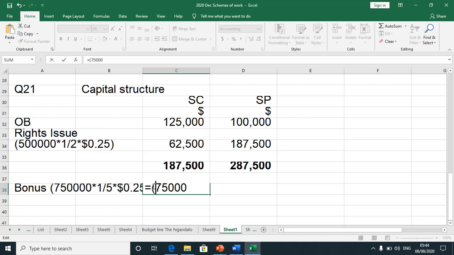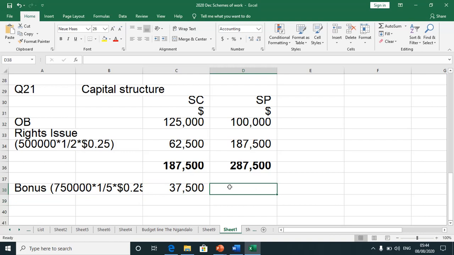If I can just open brackets for the sake of clarity, 750,000 shares divided by 5. It's as simple as that. Then we multiply whatever we find by 0.25. I'm getting that figure. So we're increasing share capital by 37.5 and reducing share premium by the same amount, 37.5.